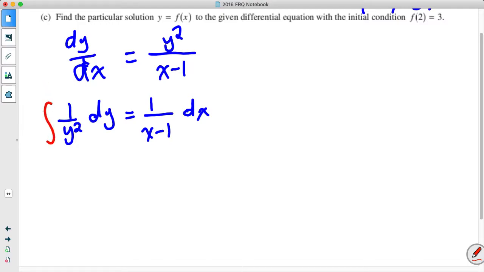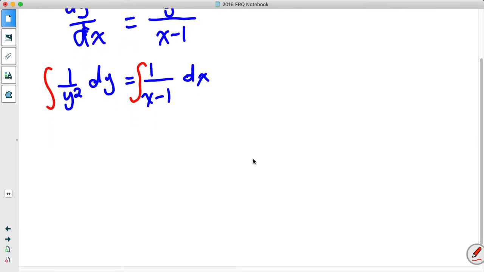Alright, so we're going to take the integral of both sides. On the left hand side, again, if you want to write that as y to the negative 2, then when you add 1, that becomes y to the negative first over negative 1, and then simplify that. You just get negative 1 over y for the integral there.